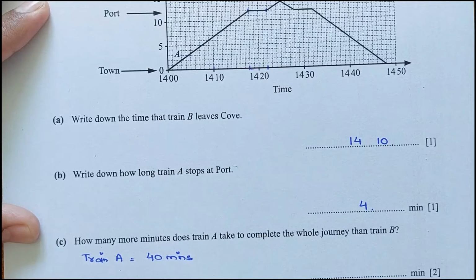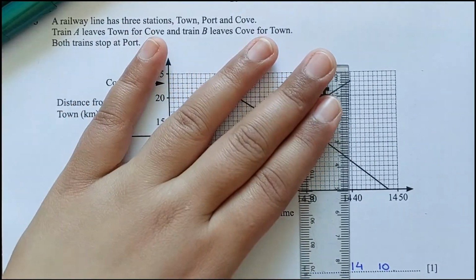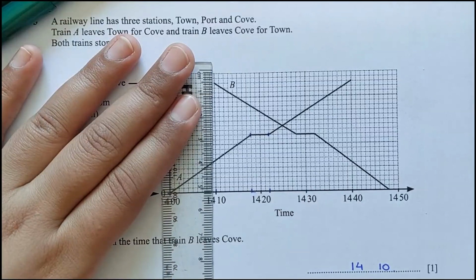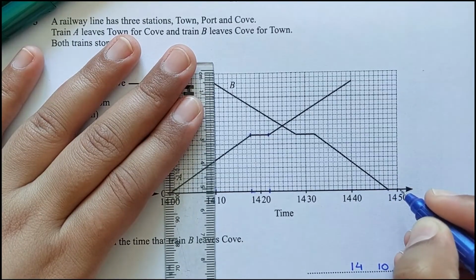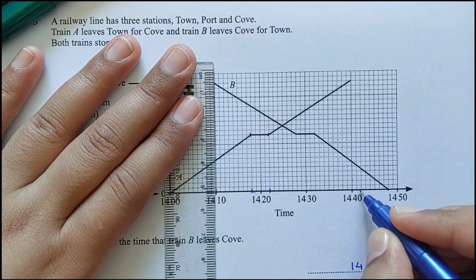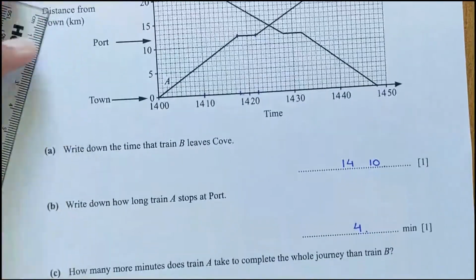And train B, how many minutes does it take? It starts from 14:10 and ends at 14:40, 41, 42, 43, 44, 45, 46, 47, 48, 14:48.